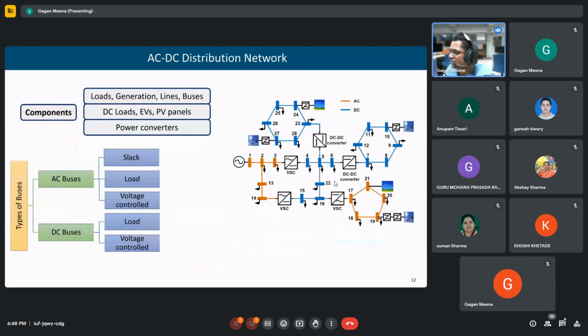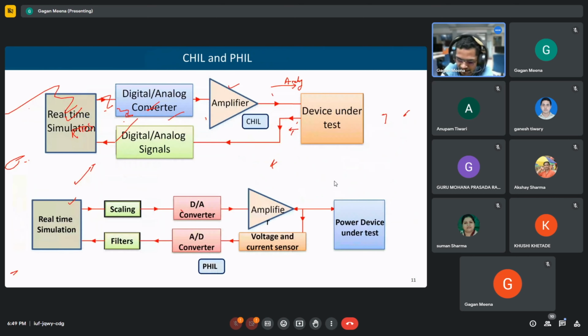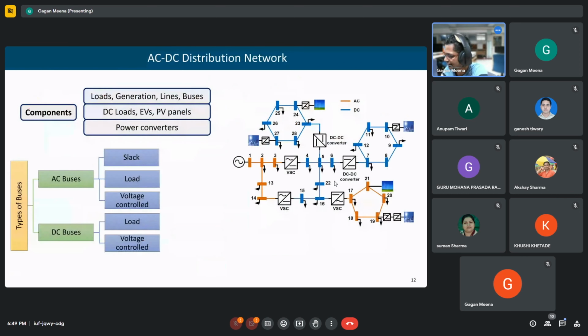Next is this AC-DC distribution network. What is the difference between transmission network and distribution network? This we have discussed earlier also. Do you remember?